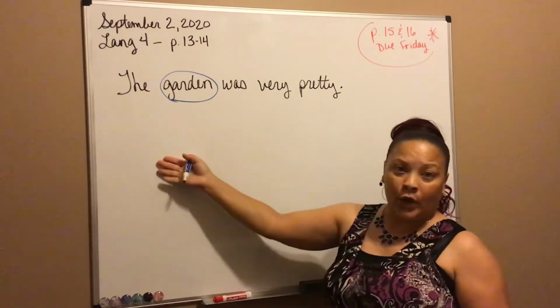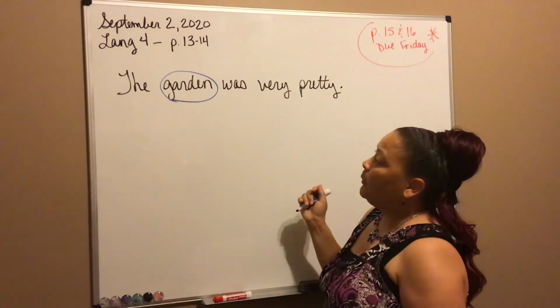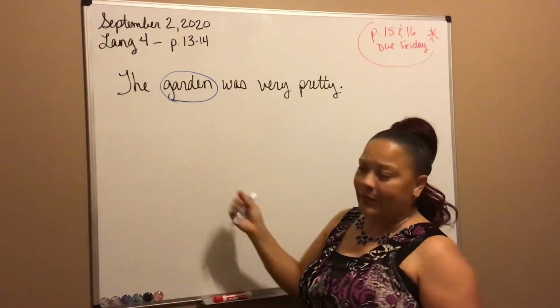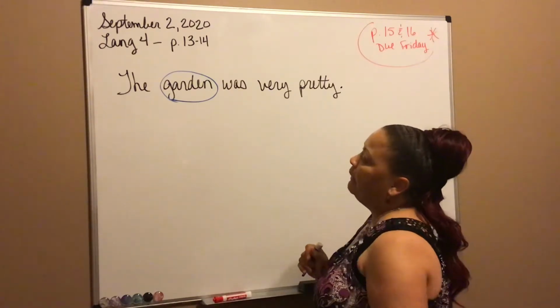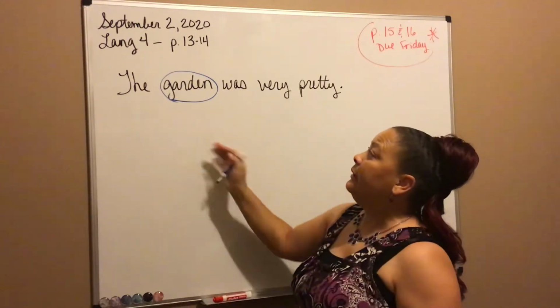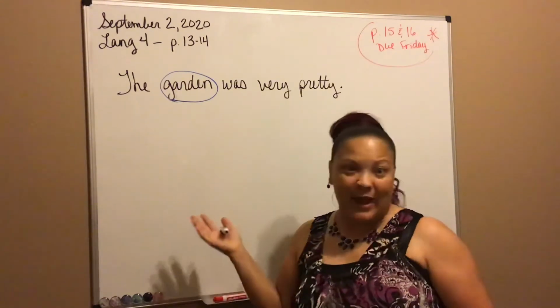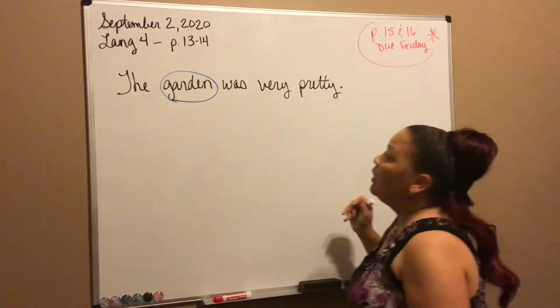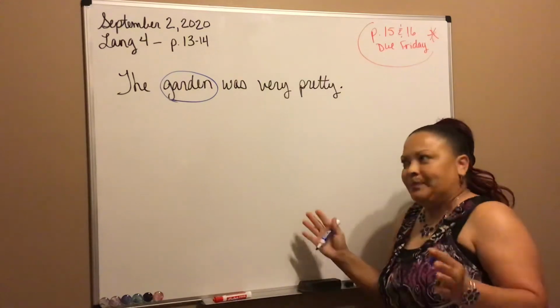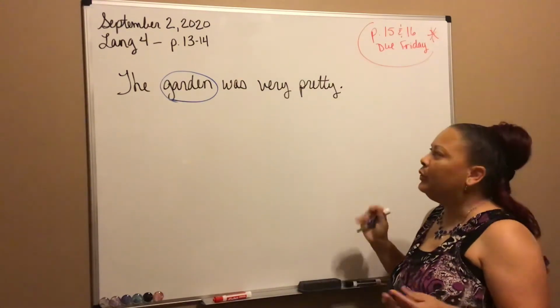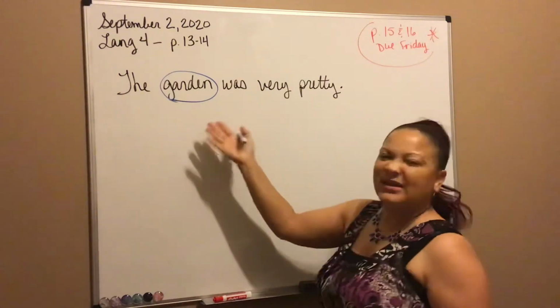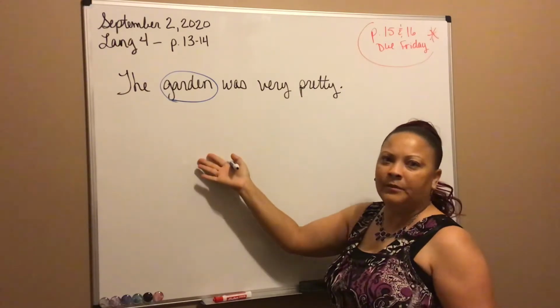The beautiful garden, right? The backyard garden will tell where. The garden at the neighbor's house, right? The garden in the park. Maybe there's a garden in the park, who knows, right? But it will tell us something about this garden, right? Okay.